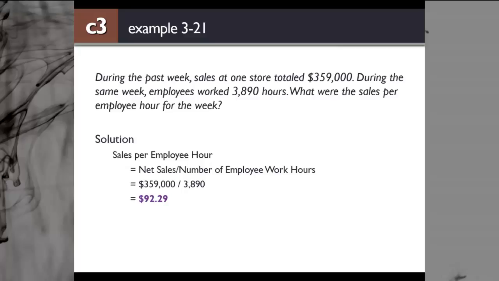So the sales per employee hour is $92.29. That means one employee makes this much in sales each hour. If you have a bigger number, like 200 something, that means their productivity is higher.